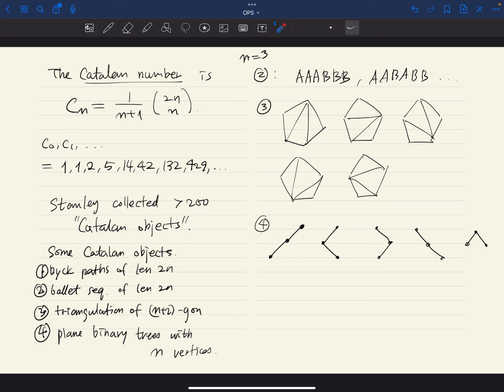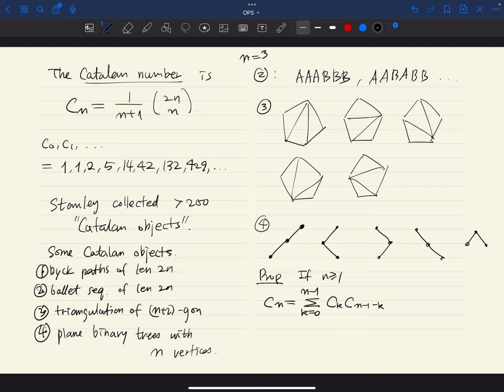And in fact, a nice result about the Catalan numbers is that they satisfy a nice recurrence. If n is greater than or equal to 1, Cn equals the sum over k from 0 to n minus 1 of Ck times Cn minus 1 minus k.